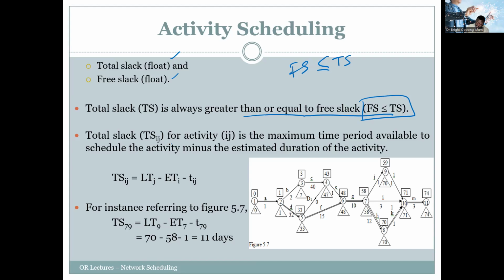Okay, so total slack for any activity is the maximum time period available to schedule the activity minus the estimated duration of the activity. So the total slack for a particular activity is given as the latest time of the node j minus the earliest time of the node i minus tij, that's the activity duration.